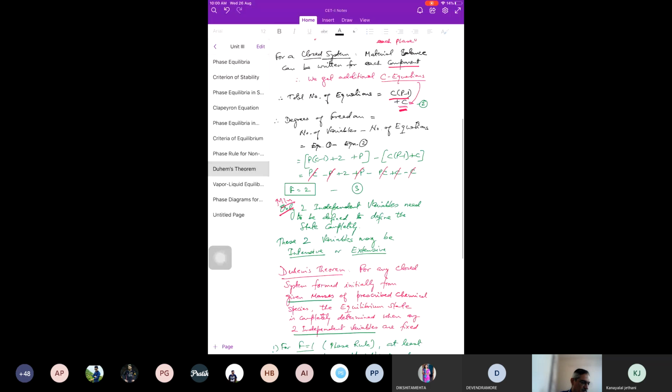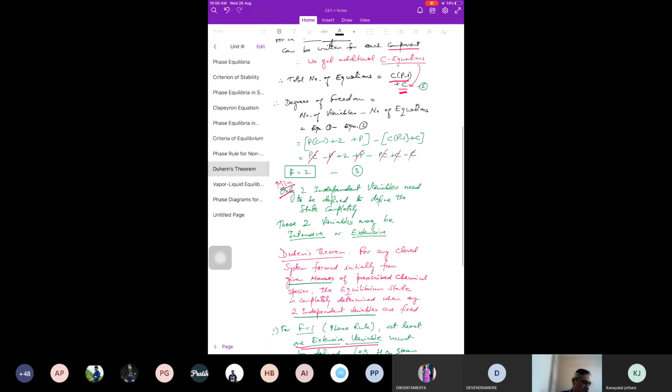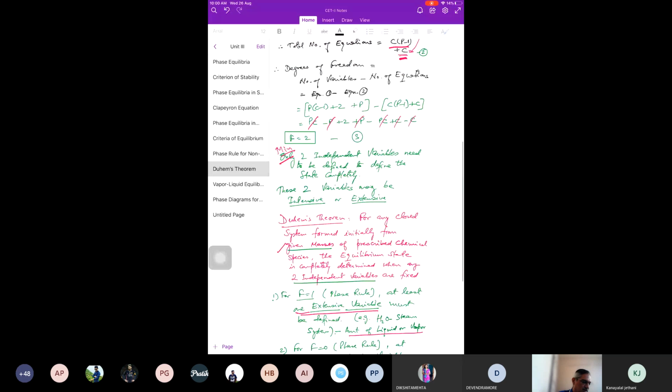So Duham's theorem says for any closed system formed initially from given mass, right? You have to say initially from given mass, mass दिया initial दिया है, तो उसके हिसाब से the equilibrium state is completely defined when any 2 independent variables. Let's see for different systems.